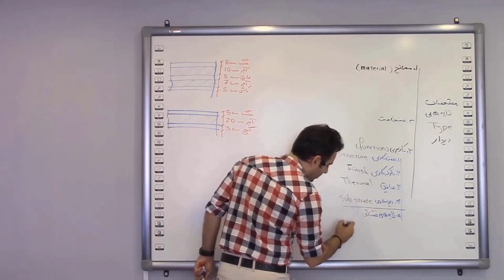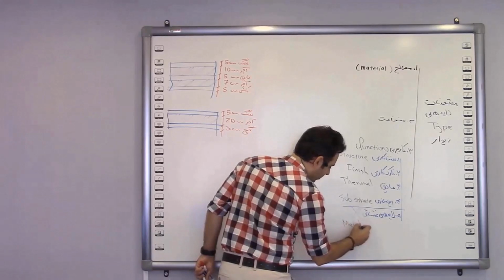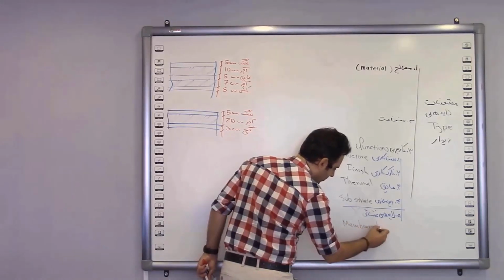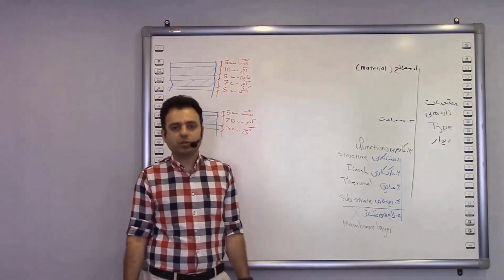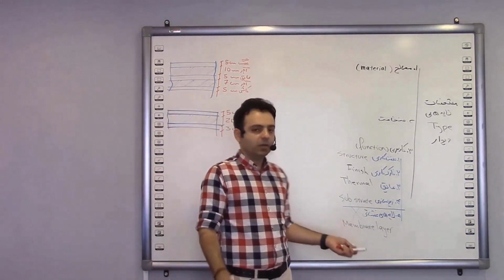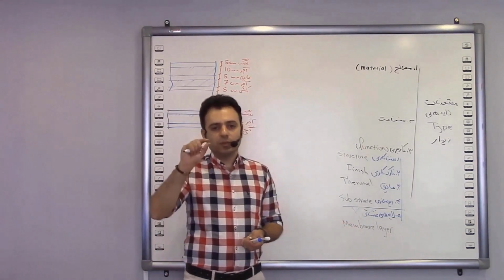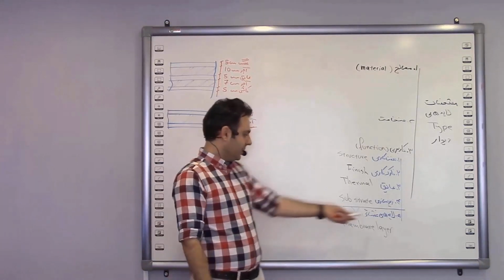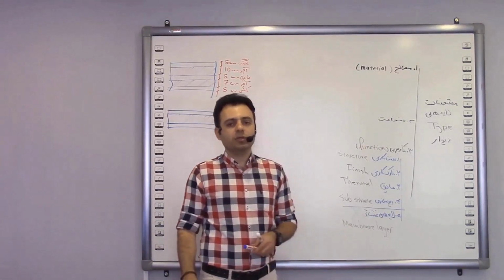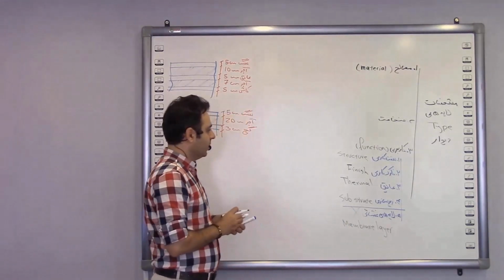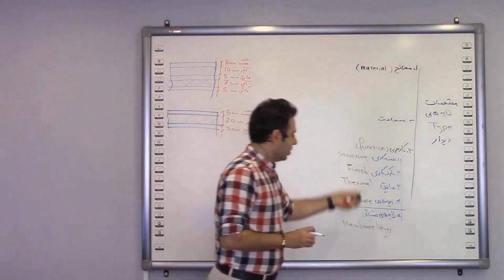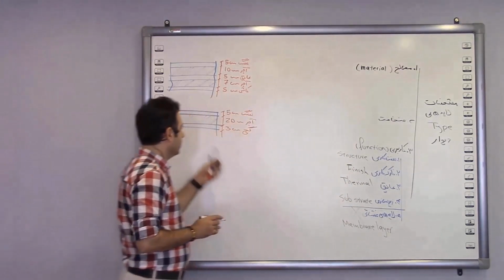And number 5 is the membrane layers, which are famous for being thin, or actually having no thickness. That's why we call them membrane layers. They have no thickness. So that was the functions of the layers in the wall.